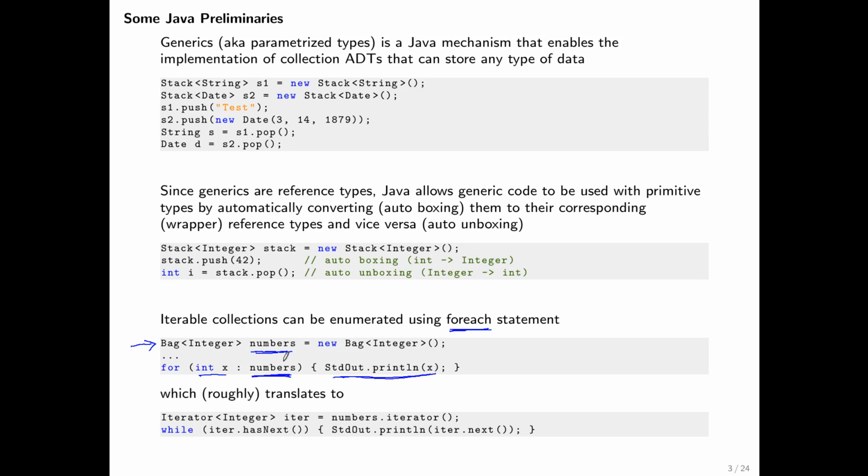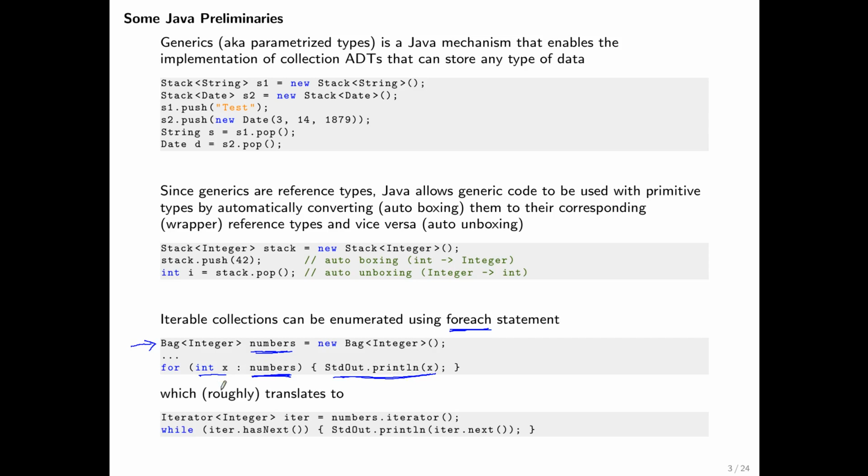Now here again, there is auto unboxing going on because each element in numbers is an integer object. Okay, but notice that we are referring to those using a primitive int. But Java knows how to deal with this. It'll implicitly convert each and every element here, which is an integer object, into a primitive int. Okay, and that's what gets printed here.